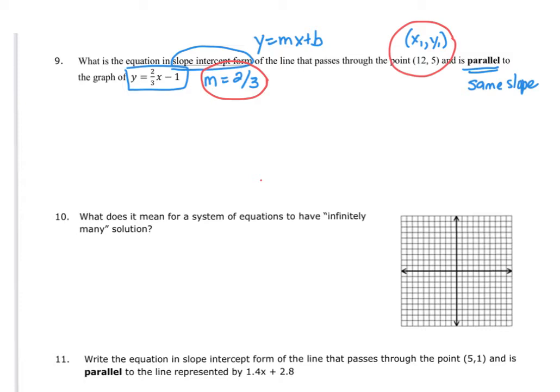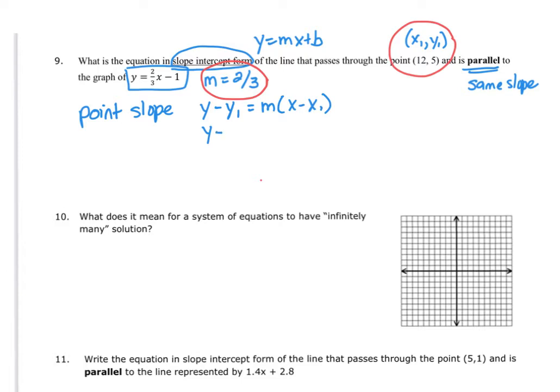Okay, so if we look at our formula sheet that we're given, point-slope form, let me write this down here. Our point-slope form is y - y1 = m(x - x1). Okay, and we use this form when we have a point and a slope. Pretty simple, straightforward.